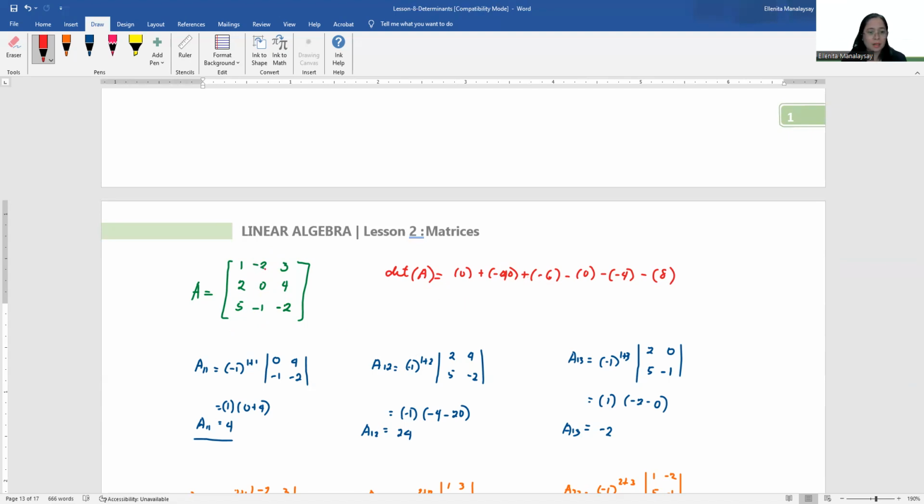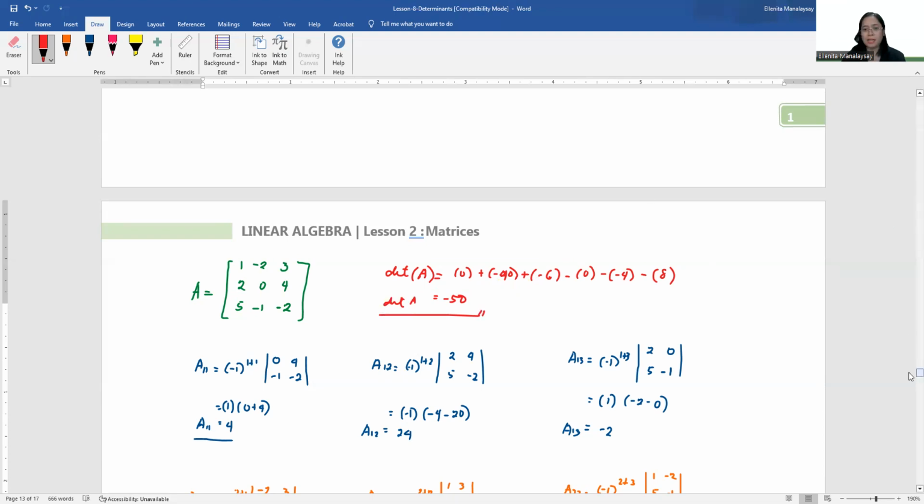And then -2 times 2 times -2, that's +8. But we will take the minus sign. So this is equal to -40 minus 6, -46, plus 4, -42, minus 8, -50. So the determinant of A is equal to -50.